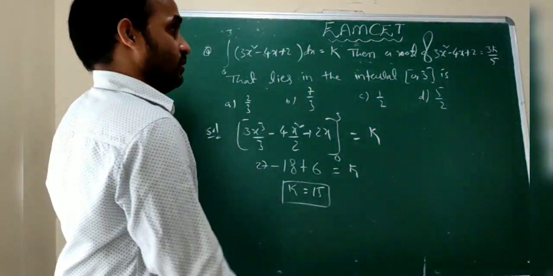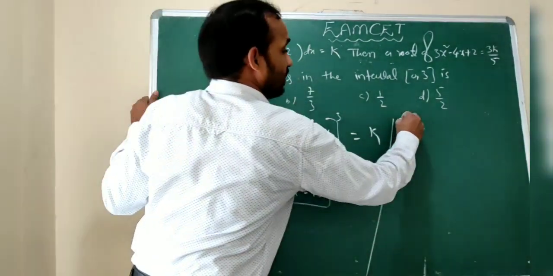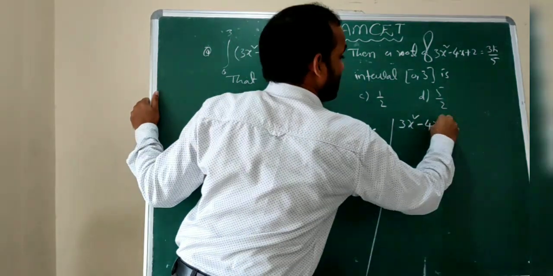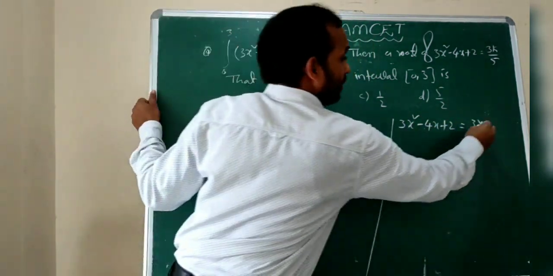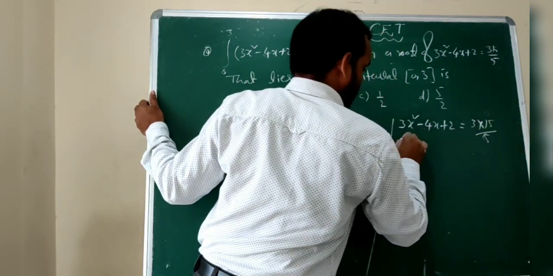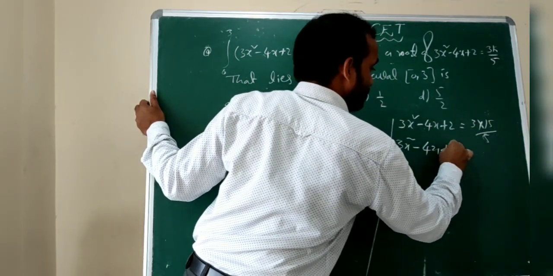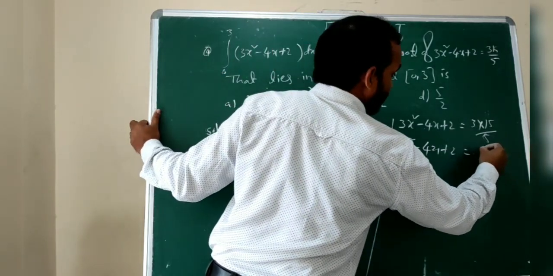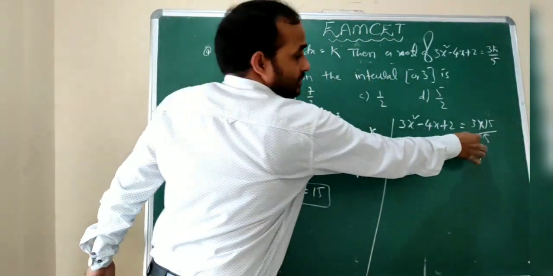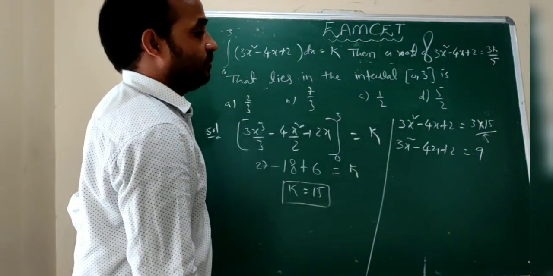Again substituting those values here. 3x square minus 4x plus 2 is equal to 3 into, what is the k value? 15 by 5. So 3x square minus 4x plus 2 is equal to 9. So 5 3s are 15, that means 9.